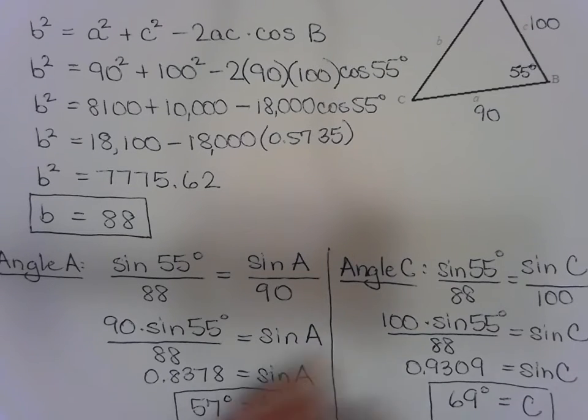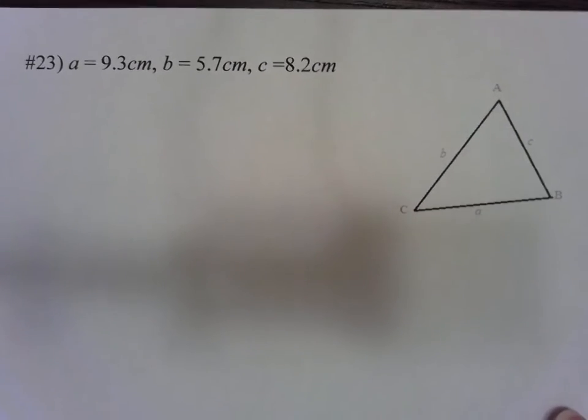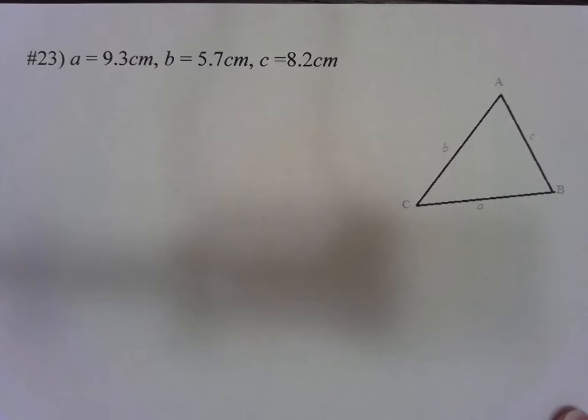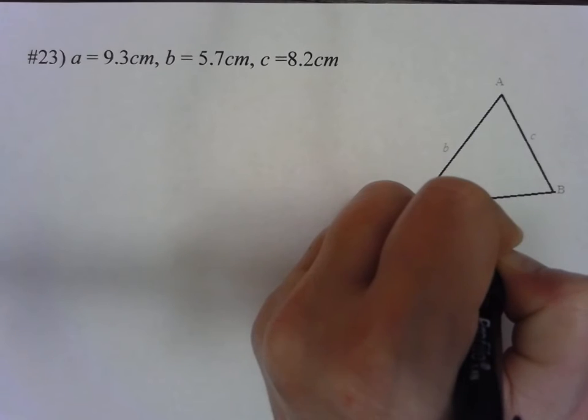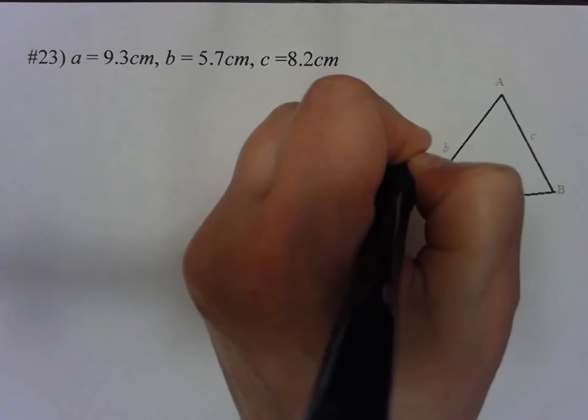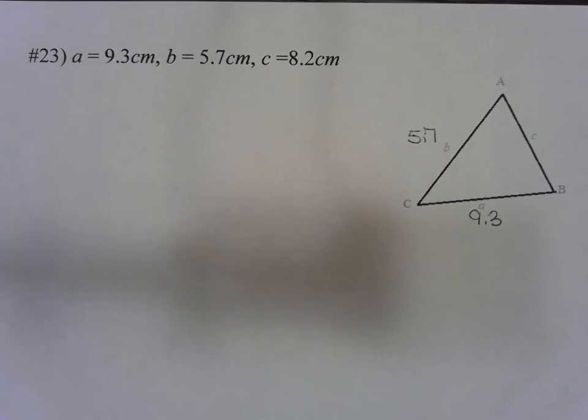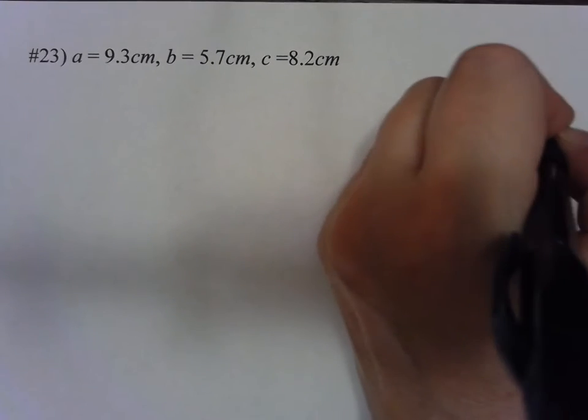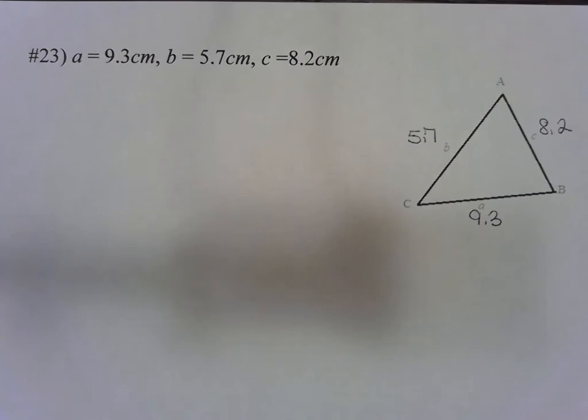Okay, let's look at one more together. In this one, we're given all three sides. So we have side A is 9.3, side B is 5.7, and side C is 8.2.